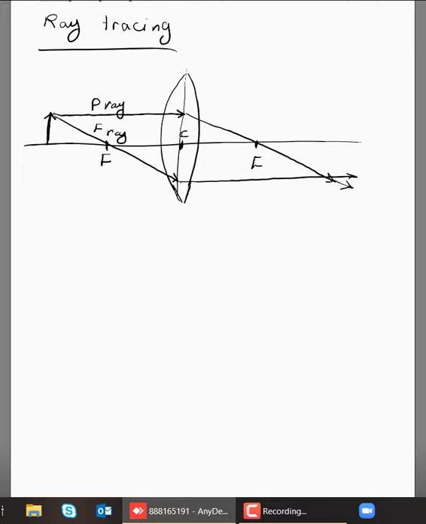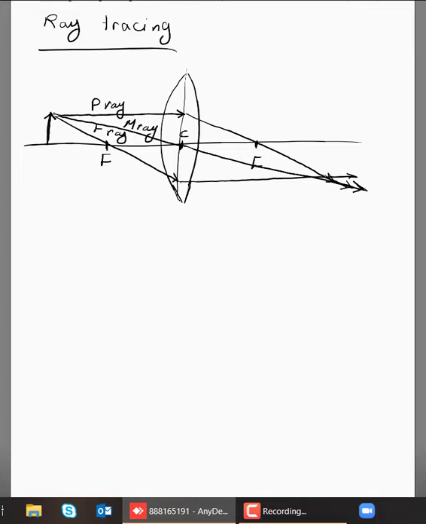The next ray that I have is the M ray that passes through the middle of the lens with no deflection. So what passes through the middle one is called the M ray, middle. Remember that for mirrors we called it the C ray. So this passes with absolutely no refraction and deflection.